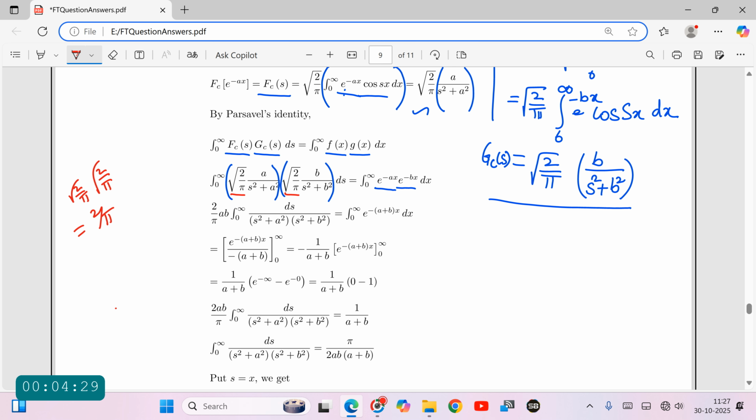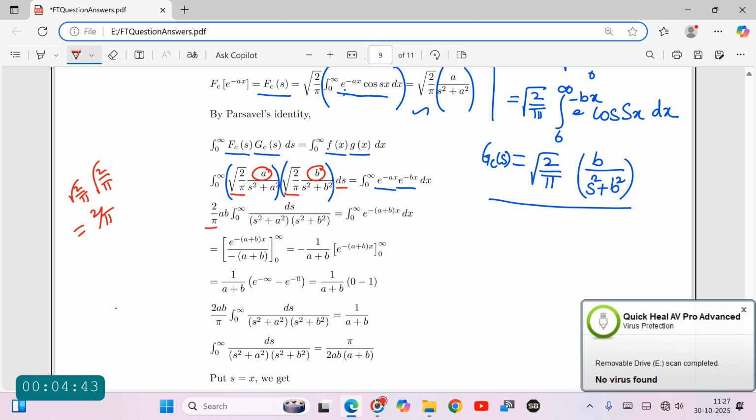So we are taking outside 2 by pi. The rest of the constants, a and b, are also constant terms, so taking them outside of the integration. The remaining term is integral 0 to infinity ds divided by s square plus a square as well as s square plus b square here.